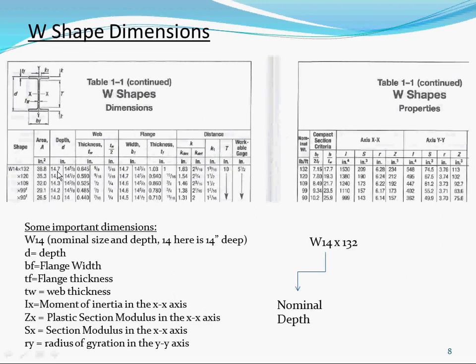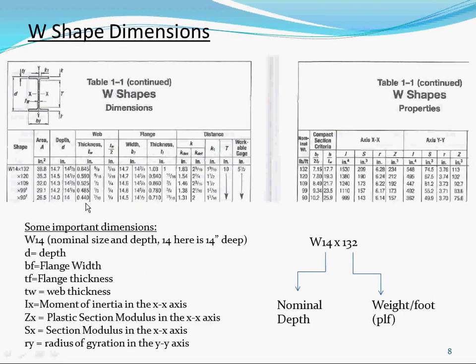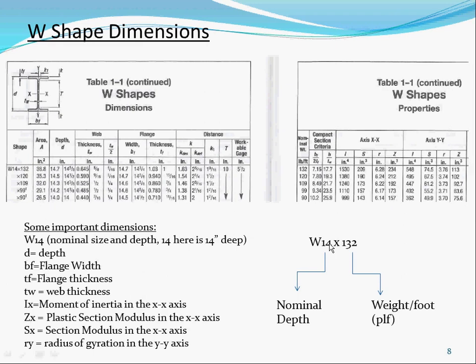It's 14 inch. You can see 14.7, 14.5, 14.3, 14.2, so it varies a little bit, but it's in the 14 range. And then the second number, 132, is the weight per foot. So if you cut a section of beam and try to carry it, that's 132 pounds. That's how we distinguish these.